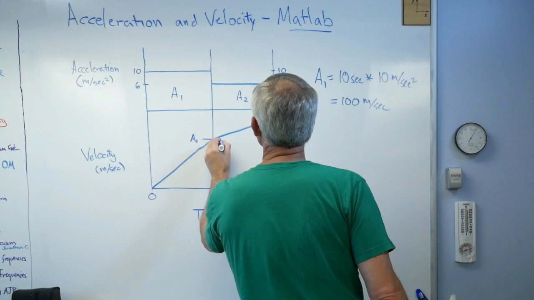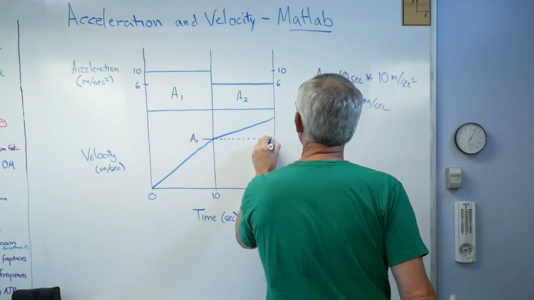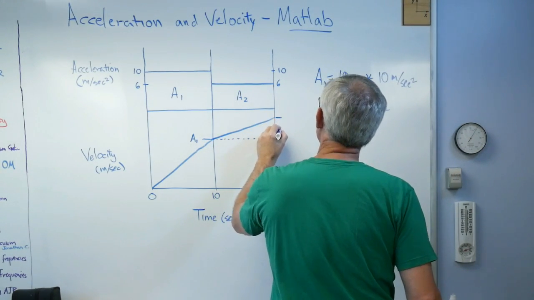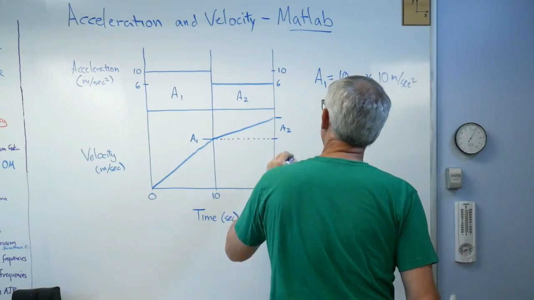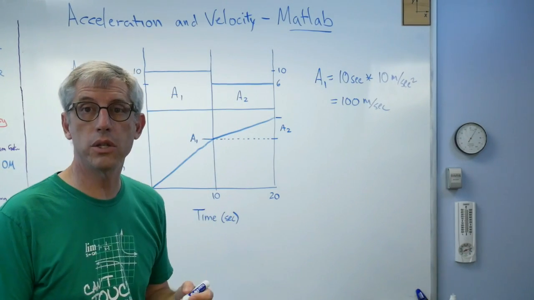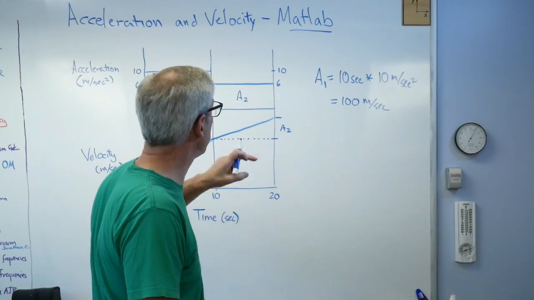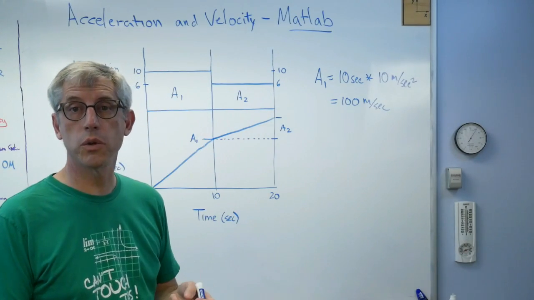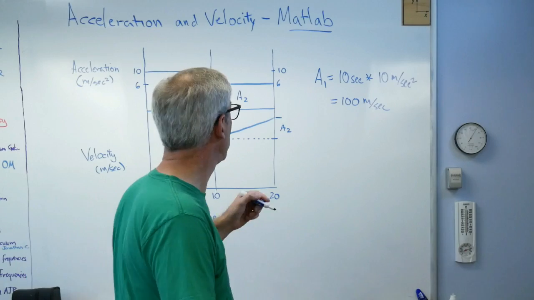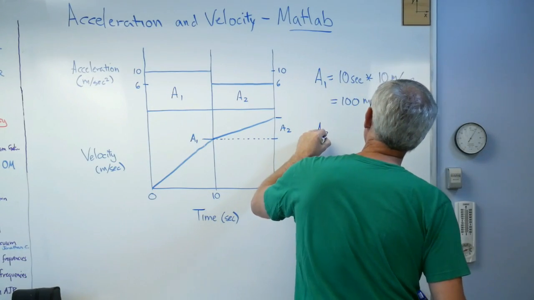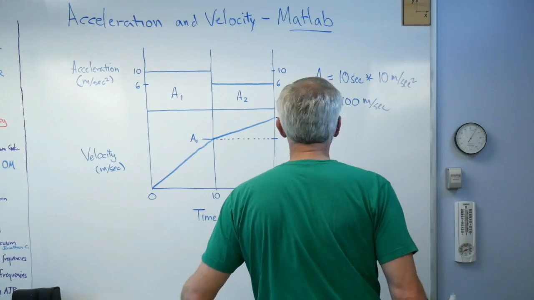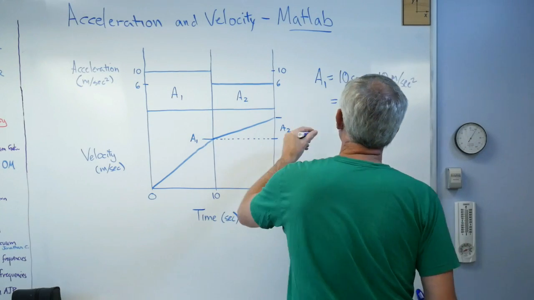Now if I scooch over here, that distance right there is a2. That's the change in velocity as a result of that acceleration from 10 seconds to 20 seconds. Well, a2, we're going to figure out the same way.